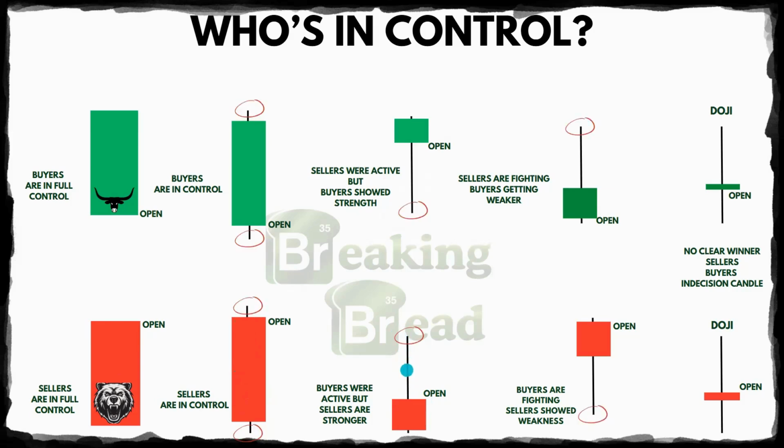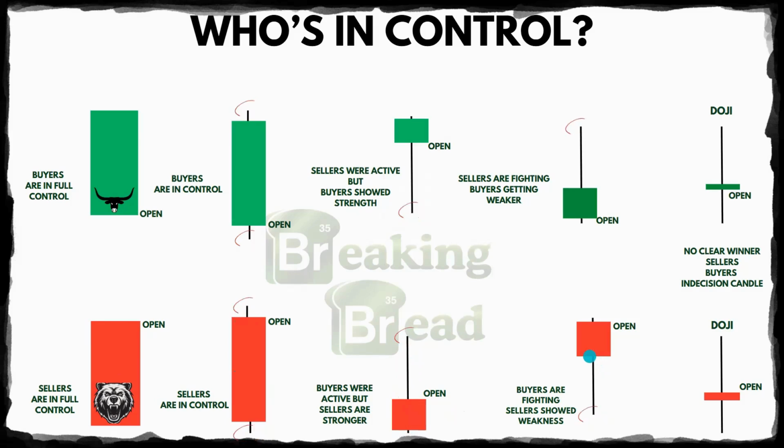As we're selling it off, we're leaving that wick behind, right? The price gets down here to our lowest point, and then the buyers push it back up just a little bit, not too much. And then we close at the bottom of the body, right? Still a downtrend candle, but it's letting us know that buyers tried but failed. So sellers are definitely more active in this candle.